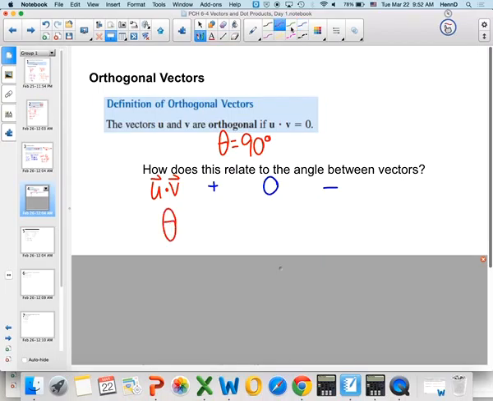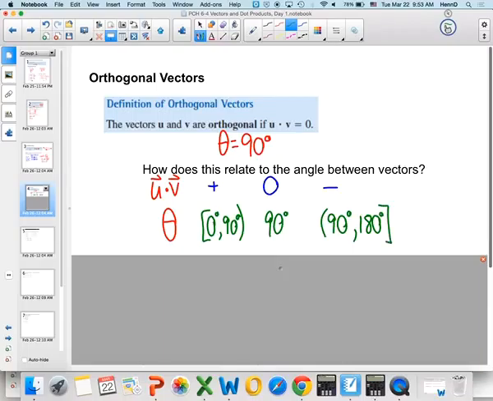If it's positive, theta is first quadrant, so it's between 0 degrees and less than 90 degrees. I'll use a half open interval there. If the dot product equals 0, our angle is 90 degrees exactly. And if our dot product is negative, it's bigger than 90 up to 180 degrees.